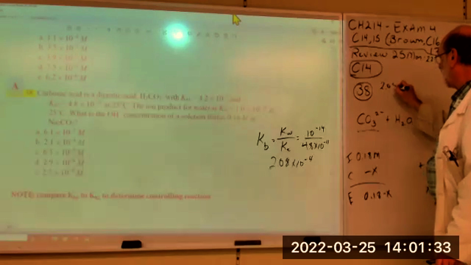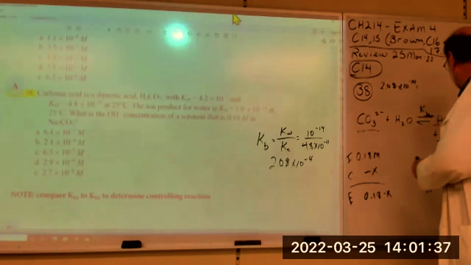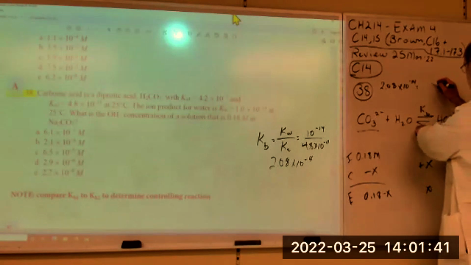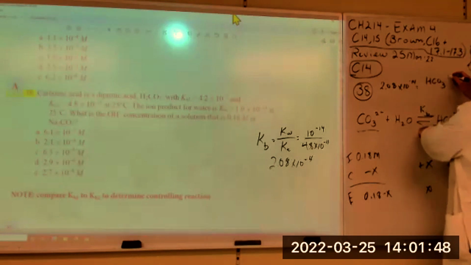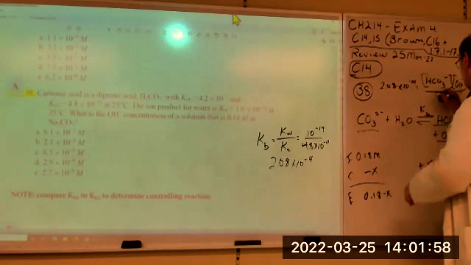Kb, 2.08 times 10 to the minus 4, equals HCO3 minus times OH minus divided by CO3 2 minus.